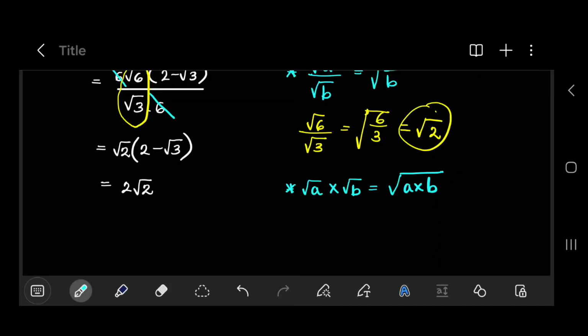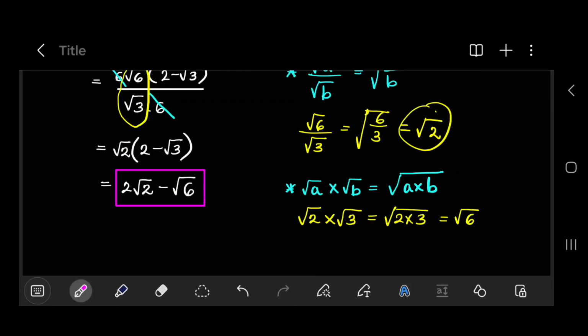So applying that, square root 2 times square root 3 is the same thing as the square root of 2 times 3, which essentially gives you square root 6. So your second term here is going to be square root 6. Now this cannot be further simplified, which means that it is your final answer.